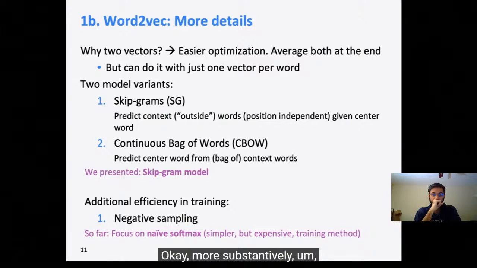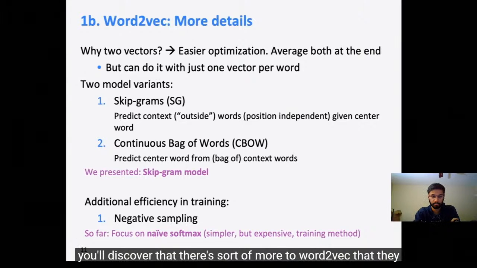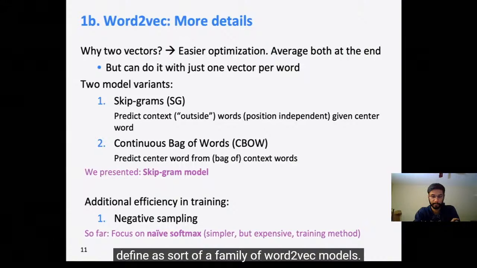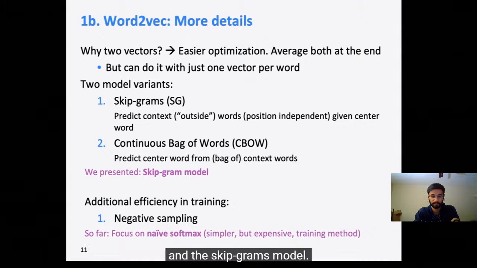Okay, more substantively, if you go to the word2vec paper, you will discover that there's more to word2vec, that they define a family of word2vec models. And there are two main parts of that family. Firstly, there's a choice between the continuous bag of words model and the skipgrams model.